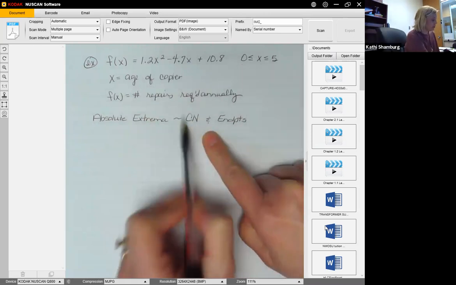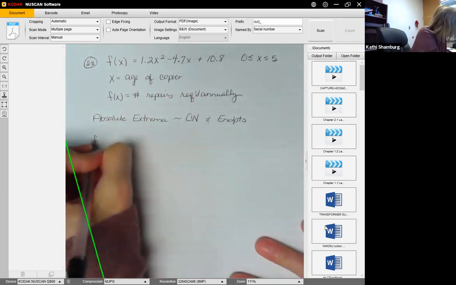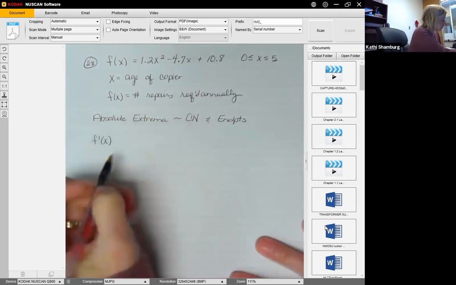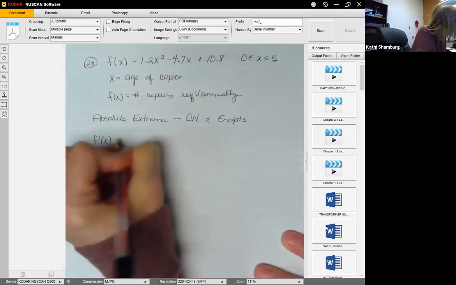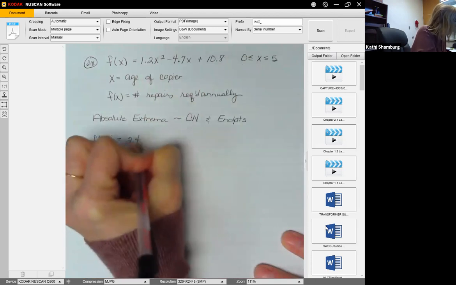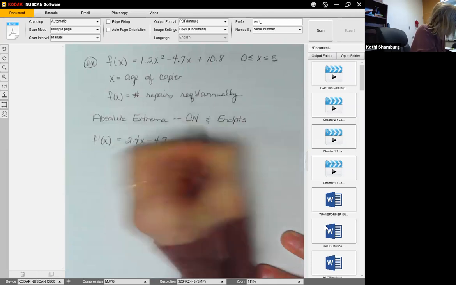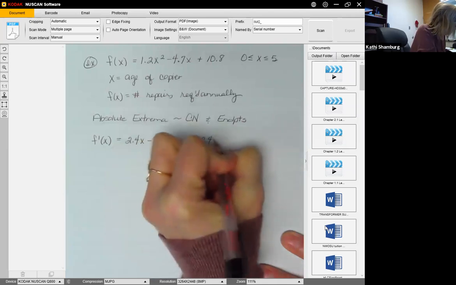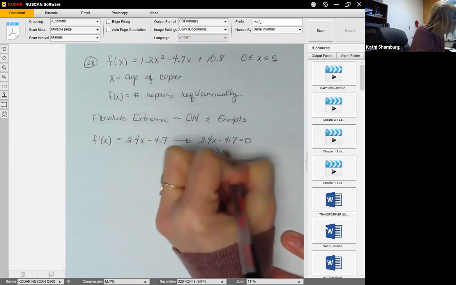And in order to get to our critical number or critical values, we know that we have to apply the first derivative. So we're going to take the first derivative of our original function, which is 2.4x minus 4.7. So we set that equal to 0 and solve for x.